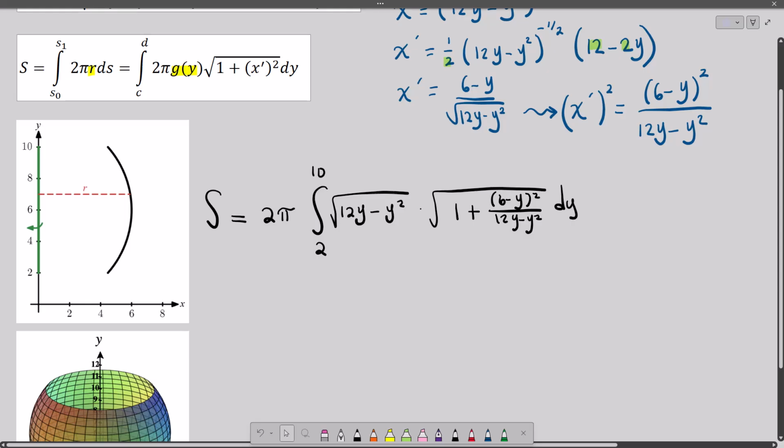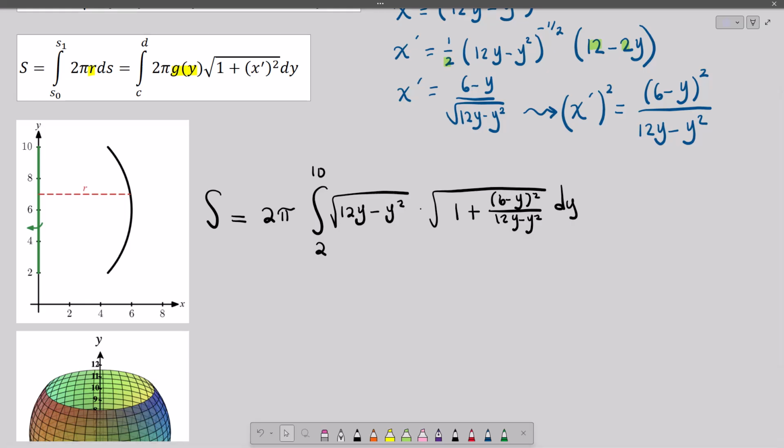And once again, we have two square roots that are being multiplied together, so we're going to distribute the contents of the first square root. We're going to distribute those contents to each of the terms over here. And we're so lucky because that second term has a denominator that's equal to what we're distributing. So that will just cancel.